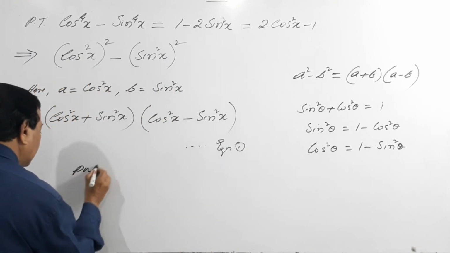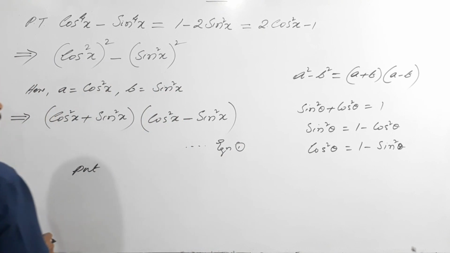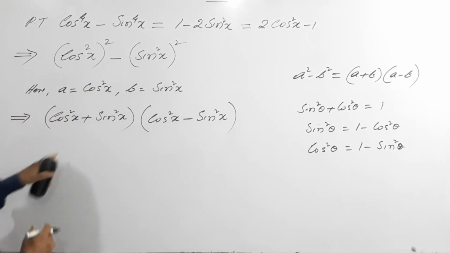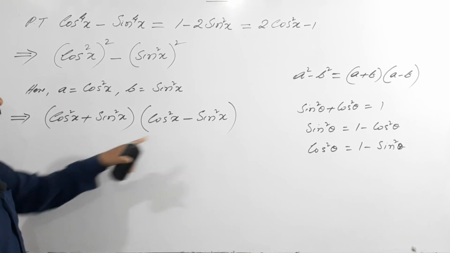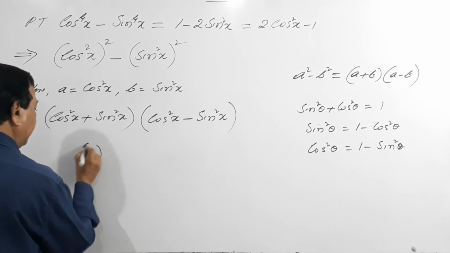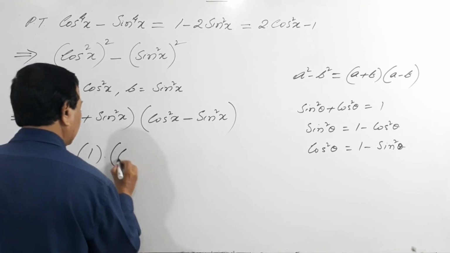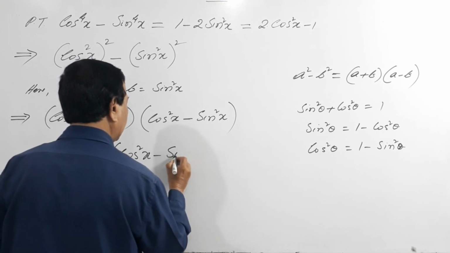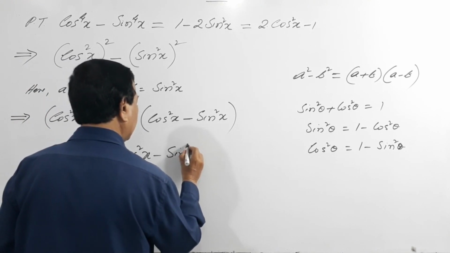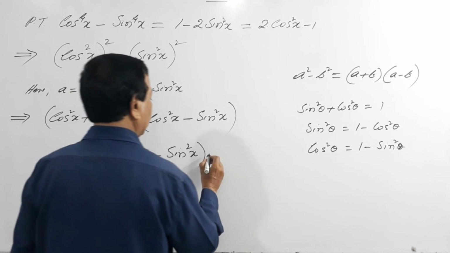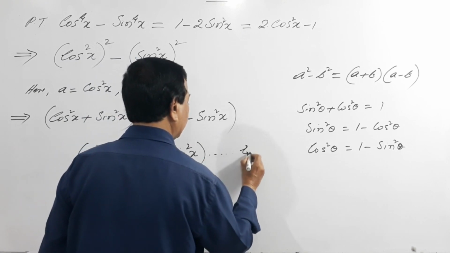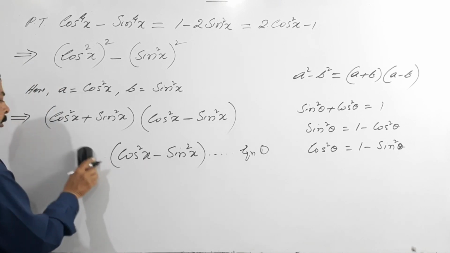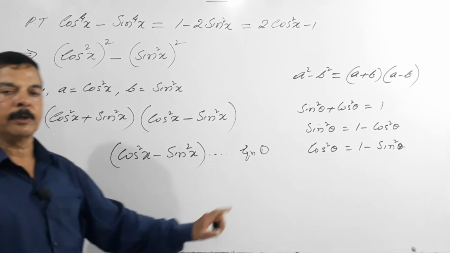So I'll write one more step and then use it. So this is sin square theta plus cos square theta equals to 1. तो ये बन गया 1 इंटू cos square x minus sin square x. I call this as equation 1. So 1 has no value, I'll rub it. So this becomes equation 1.